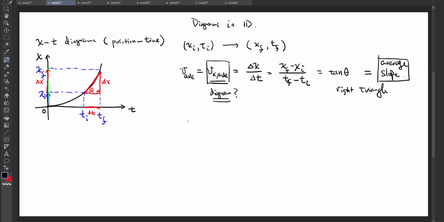And in the limit of delta t goes to 0, or you can say t final approaches t initial, in this limit, this point approaches that point, then we get the instantaneous velocity.